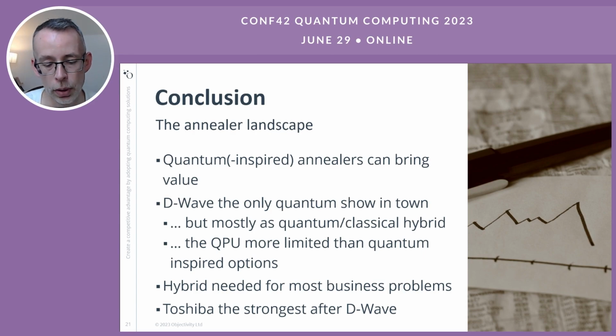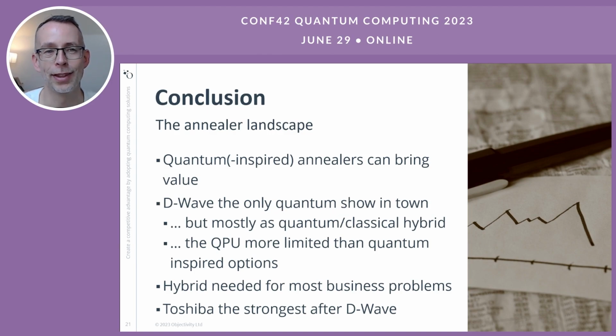So bottom line, for optimization problems, and actually optimization problems reflect a wide range of practical business problems, from retail through manufacturing to banking, portfolio optimization, and so on. You can already see early business value in quantum computing, specifically in quantum annealing and quantum inspired annealing.